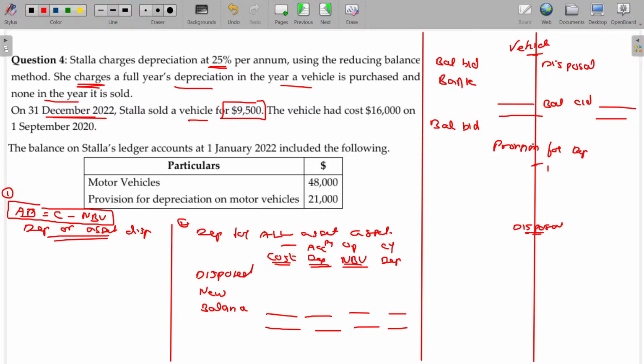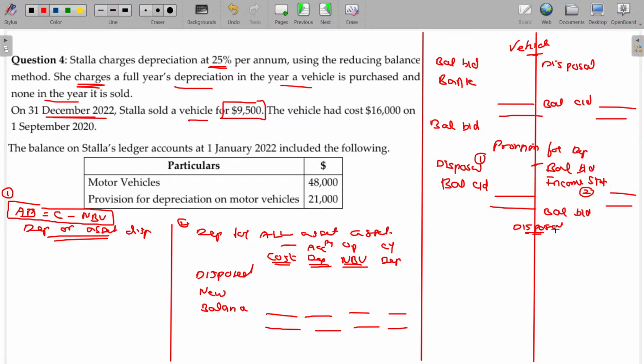In provision for depreciation, balance brought down in the beginning, and the income statement. The value to be posted here is calculated in working note number 2, and the amount transferable to the disposal account will be calculated from working note number 1. Then you will get the balance carried on. This becomes balance brought down in the next period.